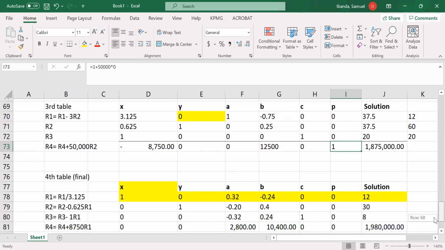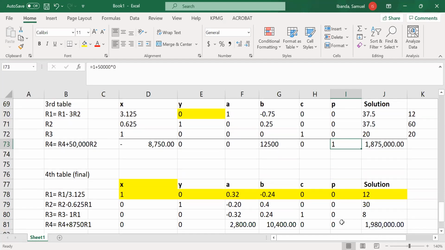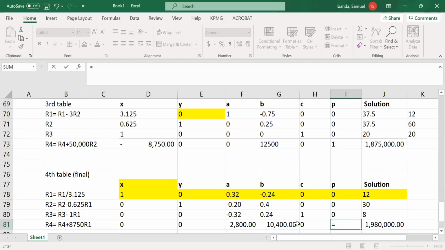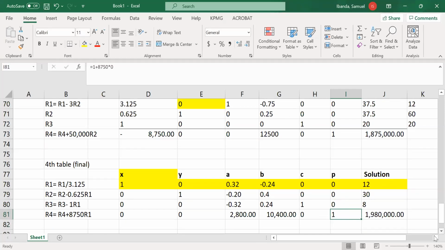Now I just want to recalculate this a little because it should not be 0. So we said that our R4 here is the old R4, which is 1 plus 8,750 times the 0 here. So this should not give us a 0. This should give us 1.